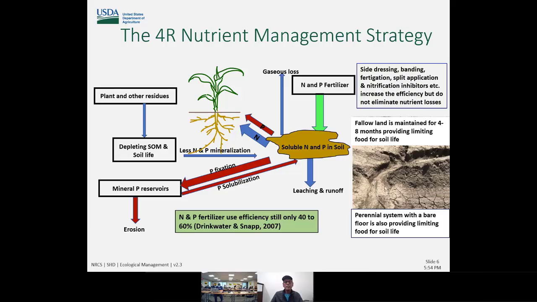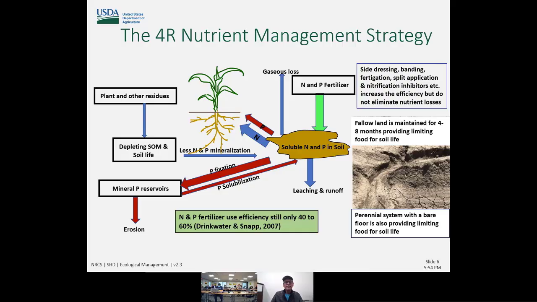So you can see the arrow is a little bit narrower than the dominant nutrient management paradigm. So here, nitrogen and phosphorus go to the soil solution. More efficiently used nitrogen and phosphorus, and nitrogen is still leaching and running off, and some of it actually goes to the air.